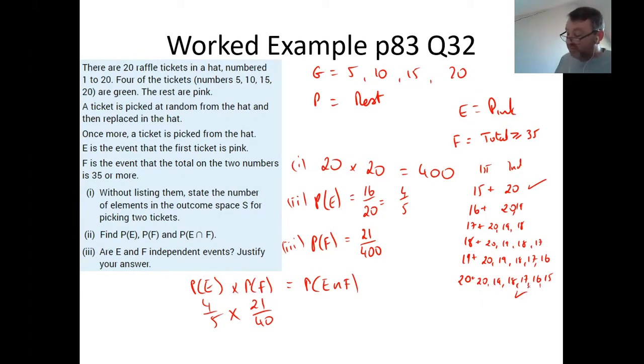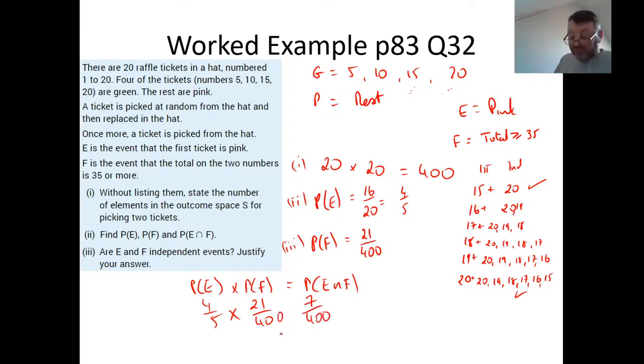There are 7 possible combinations that will give 35 or more if we're using either of these 2 green tickets. Okay, that's the overlap. So it's to be green, and it has to be a total greater than or equal to 35. So with 15, only 20 is possible. But with green ticket 20, there are 1, 2, 3, 4, 5, 6 possibilities. So there are 7 altogether. So that is 7 out of the 400.